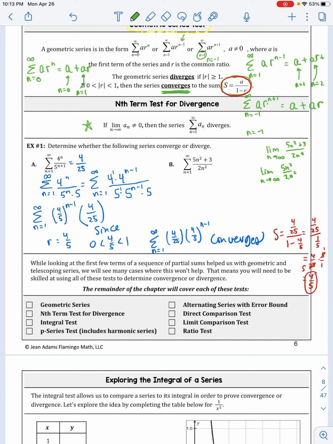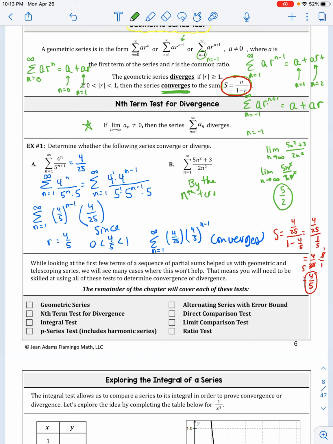If it's an end behavior limit, I can focus on the lead term in my numerator divided by the lead term in my denominator. They're so strong that the expression will be led by them. And when I do that, it gives me the limit as n goes to infinity of 5/2, which is 5/2. So this limit converges to 5/2.